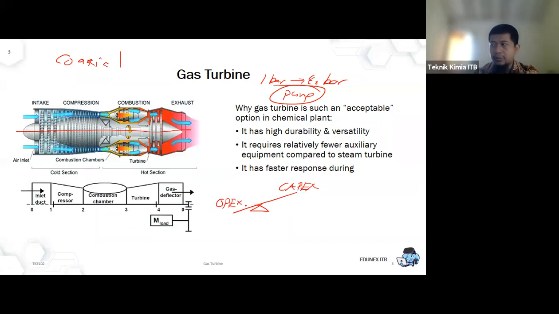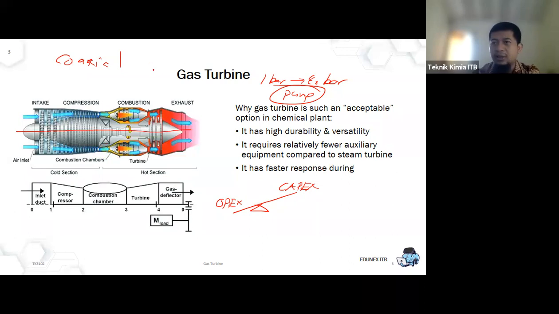For gas turbine, in some cases it has very low OPEX, but it has very high CAPEX compared to the steam turbine ones. Why? Because of the material and the rotation, which is very high, tens of thousands of RPM. And it has to withstand very high temperature compared to steam.